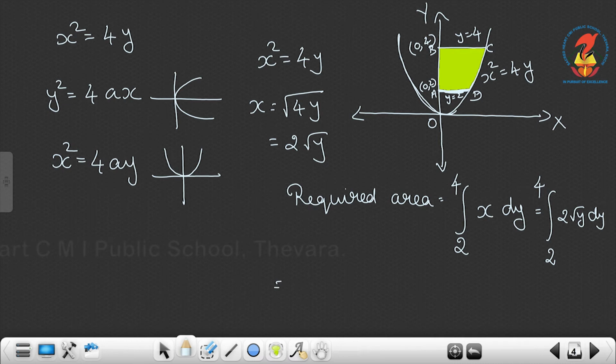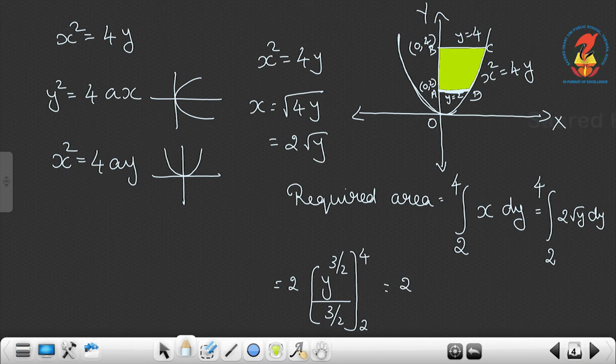So which is equal to 2, we can take outside. Root y integral is y raised to 3 by 2 by 3 by 2, as in the previous question, between the limits 2 to 4. This 3 by 2 we can take to the numerator, so it becomes 2 by 3. So y raised to 3 by 2 between the limits 2 to 4.